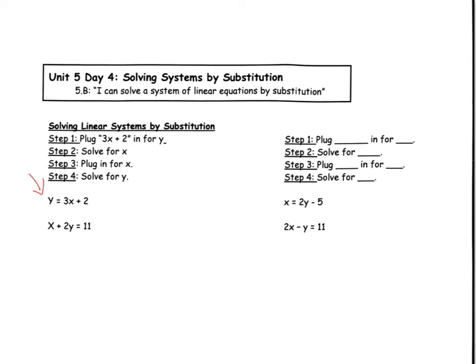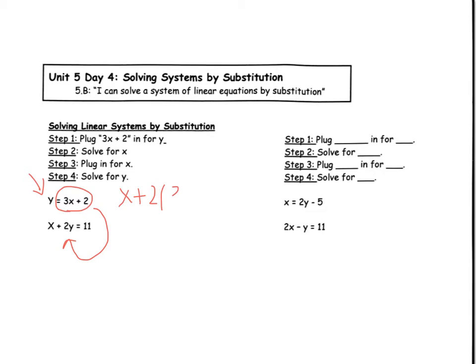Now, because it's solved for y, I'm going to take 3x plus 2 and put it in for y in the next equation. x plus 2, I keep everything in that next equation the exact same.